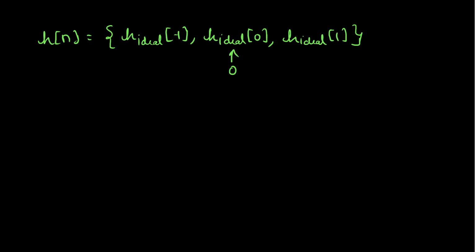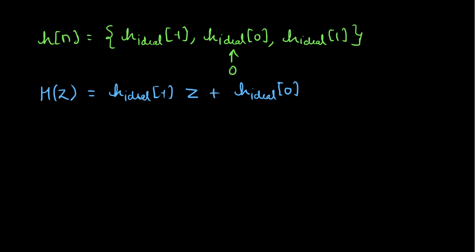And if we find its z transform, what we have is H of z is equal to h ideal of -1 into z plus h ideal of 0 plus h ideal of 1 into z to the power minus 1.